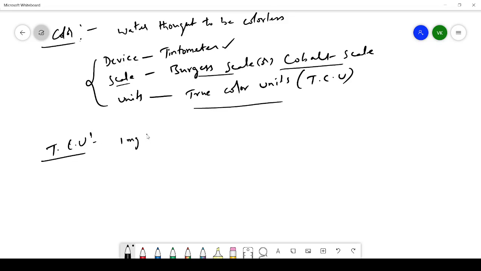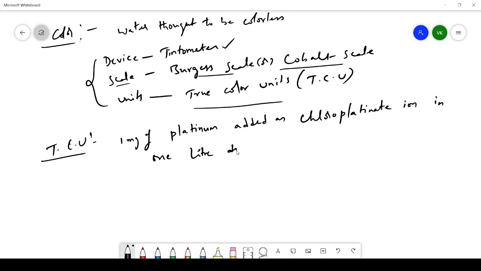If 1 milligram of platinum is added as chloroplatinate ion in 1 liter distilled water, the color produced is called a true color unit. The units are ppm, or as everybody knows, ppm can also be written as milligrams per liter.